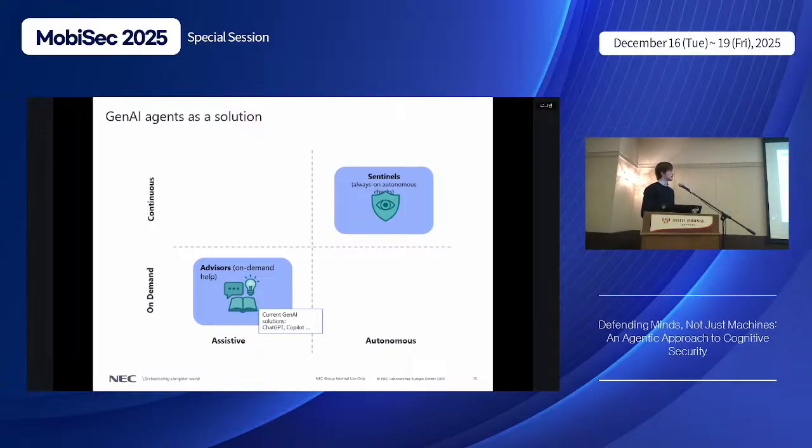We call these sentinels that are continuous and autonomous, running in the background. Then we also define keepers, which also run continuously, but on demand and are assistive.